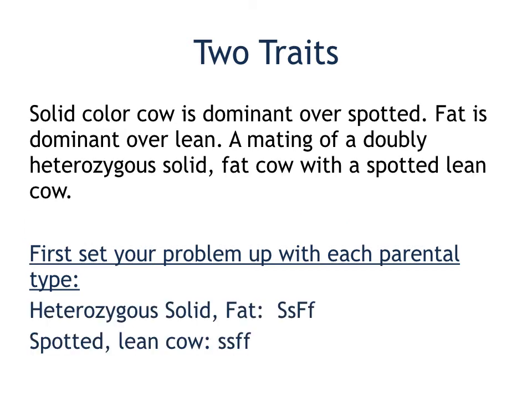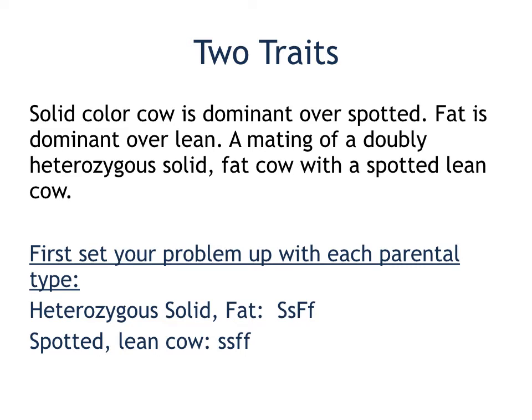So what we know, solid is dominant over spotted, fat is dominant over lean, and we're going to have a doubly heterozygous solid fat cow with a spotted lean. So first, let's write the genotype for our doubly heterozygous solid fat cow. That cow is capital S, lowercase s, capital F, lowercase f.